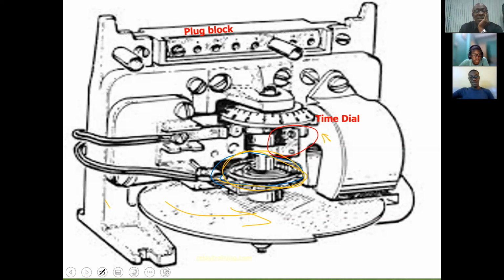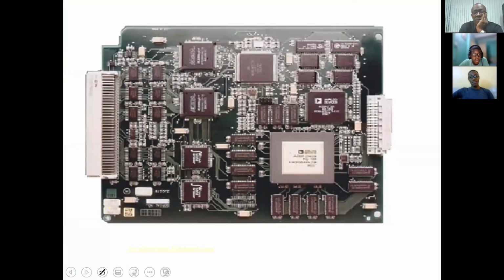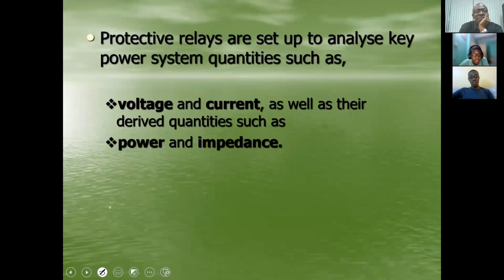I was just teasing. Okay, so for your static, we're dealing with microprocessors. The protective relays, in terms of what they measure and what they respond to, we're looking at voltage, current, and of course their derived quantities.